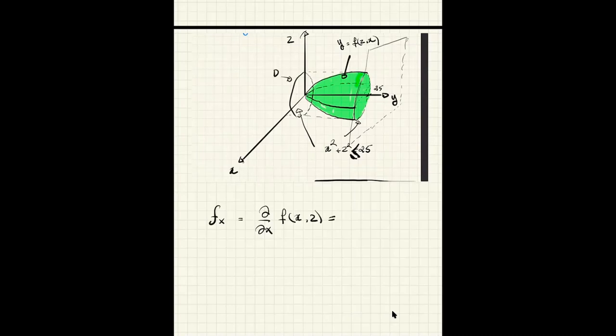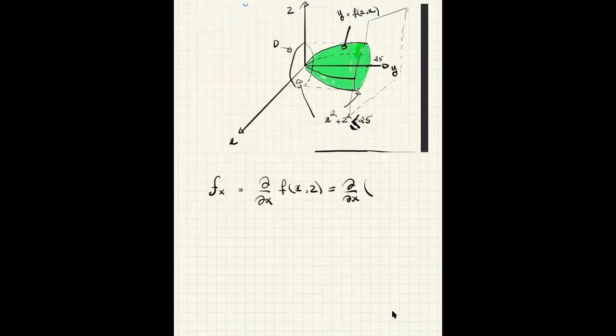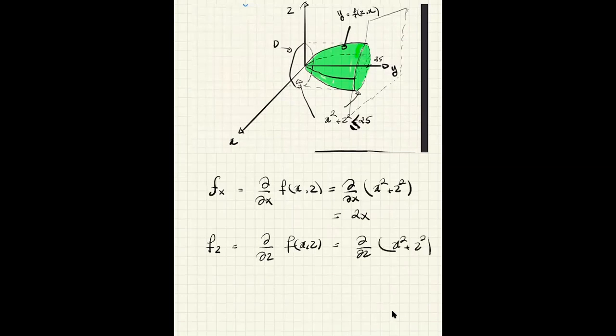So what is f? Now it's x squared plus z squared. So it's 2x. And now fz, not fy. It's d dz, it's 2z, right?